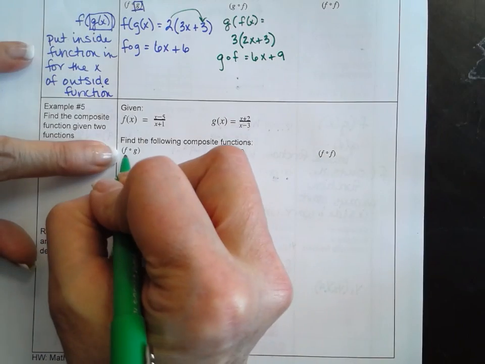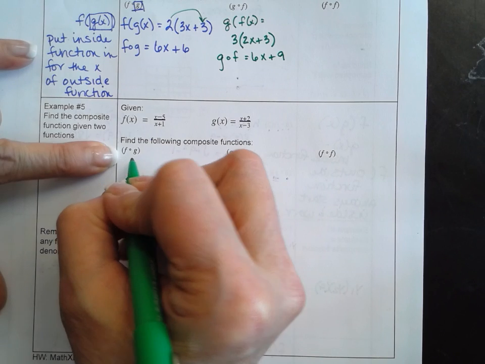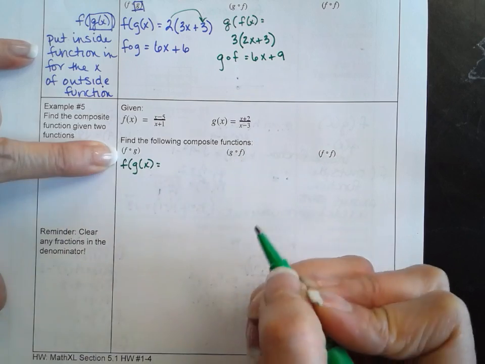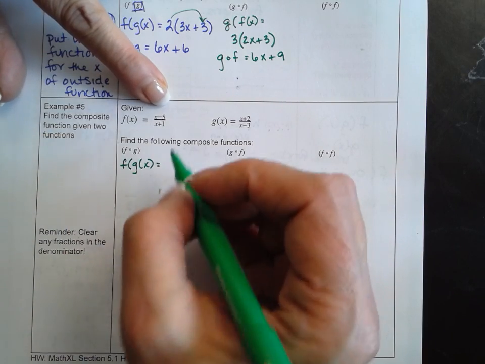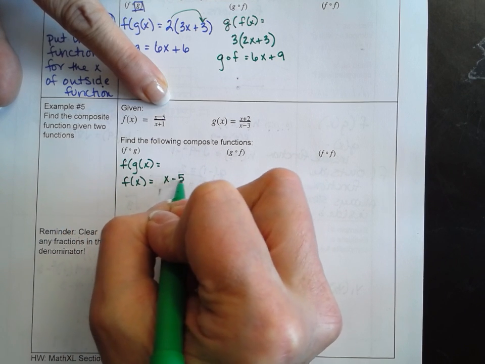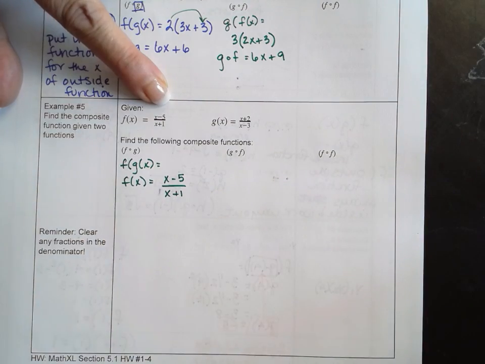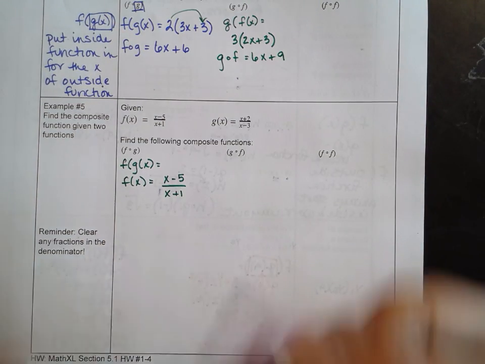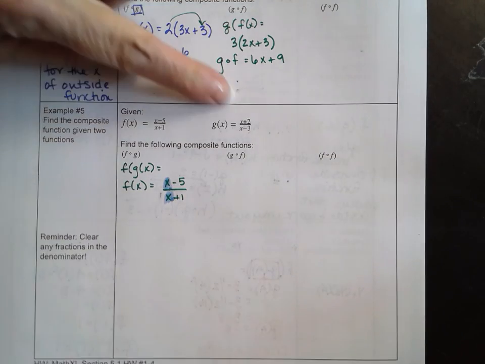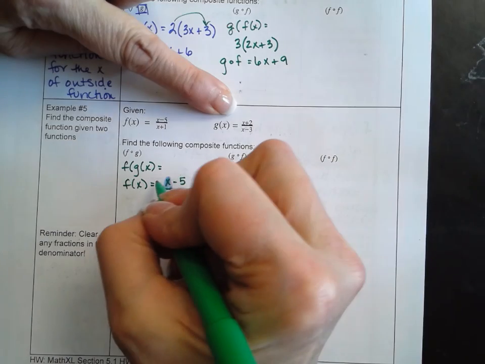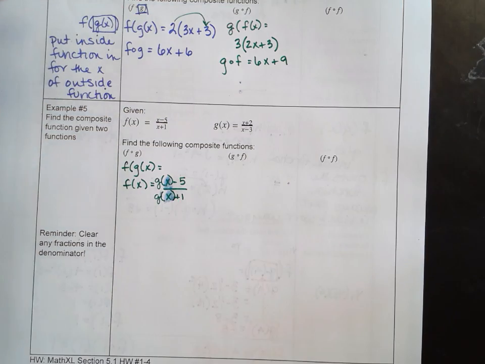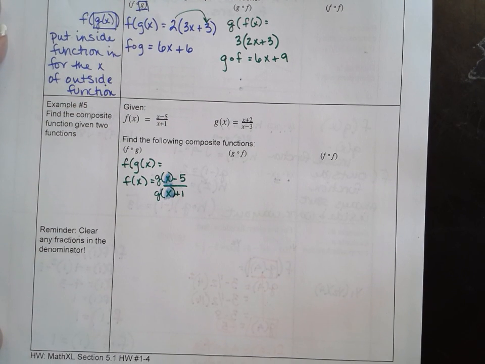So, if I'm doing the F composed of G, that's like saying the F of G of X. So, I'm going to take my F of X, and I'm going to replace every X with my G of X. Does that make sense?